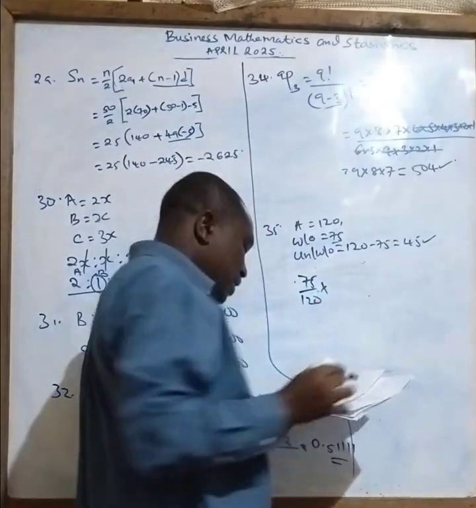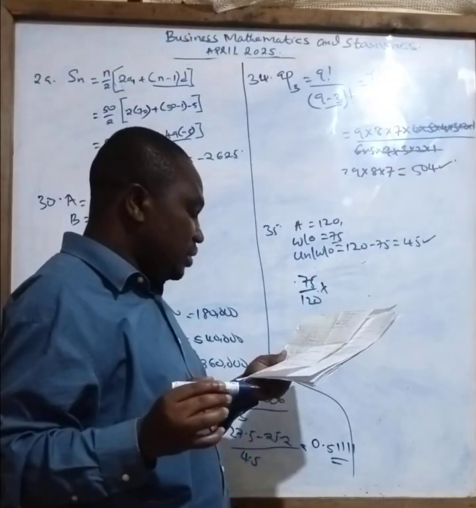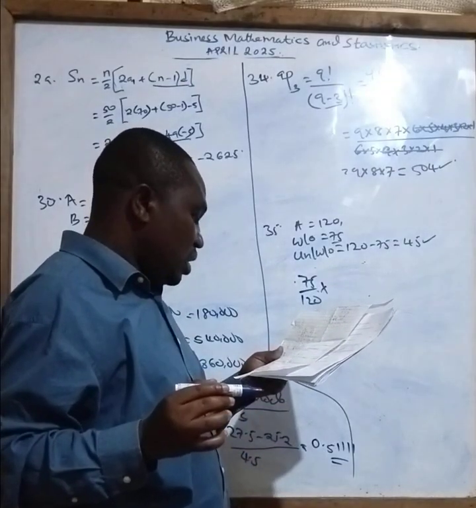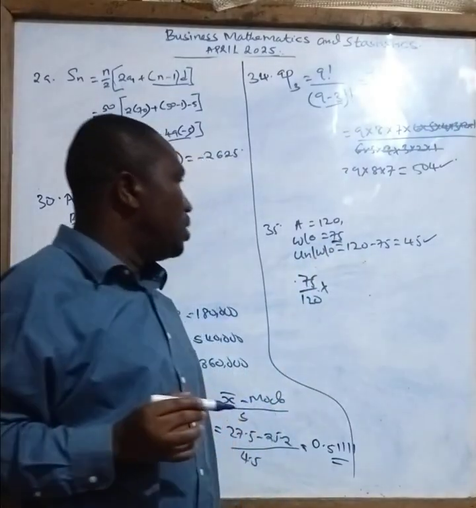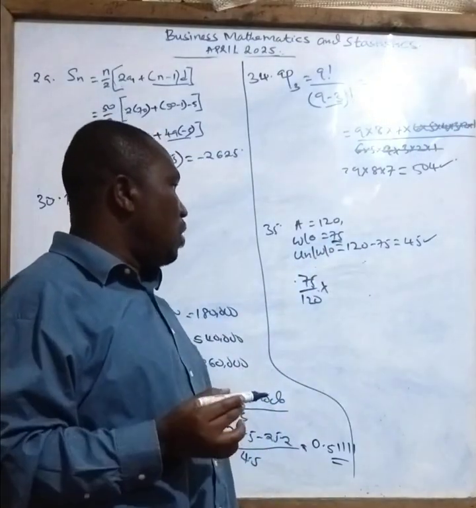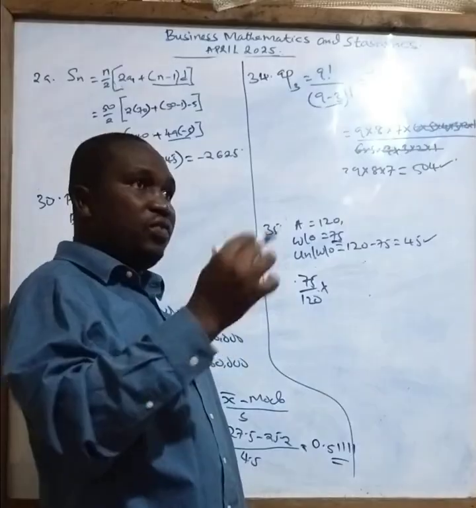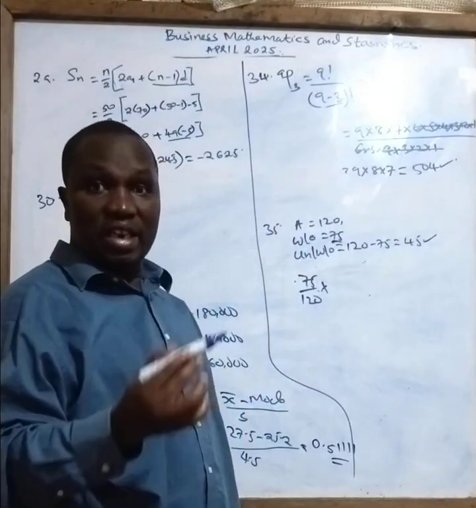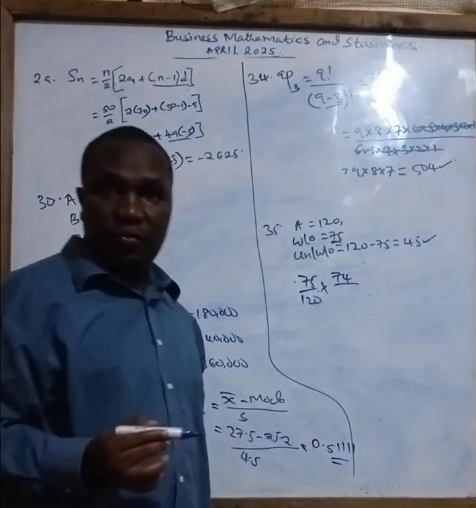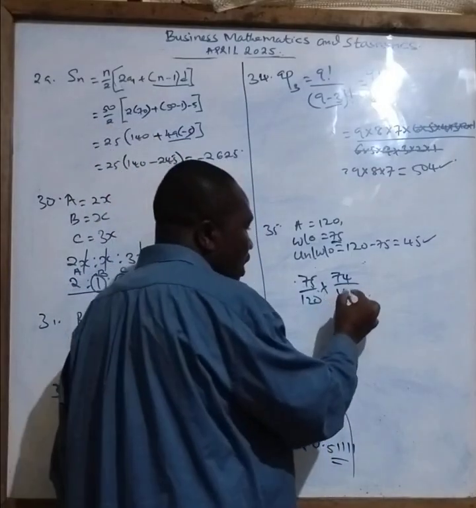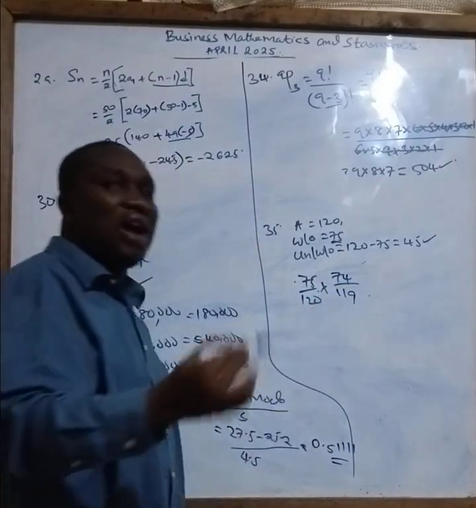Then you multiply by how much? Now we are picking. So if we pick number 75, correct? If you pick number 74, it means number 74 will be now unwritten. So therefore you multiply by number 74, which is not written off. And therefore it will be out of 119 because you pick one after the other.